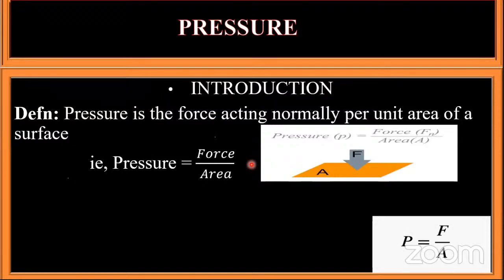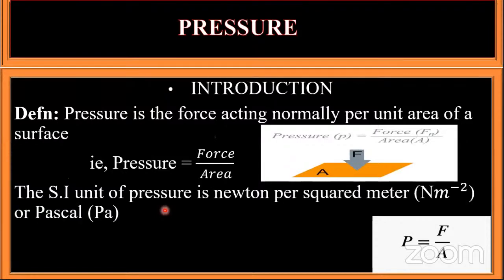Let me clap for you. Do you hear the clap? Good. So the SI unit of pressure is either newtons per meter squared or Pascal, just like how you gave it to us.